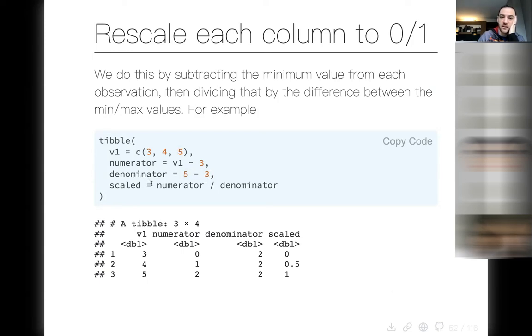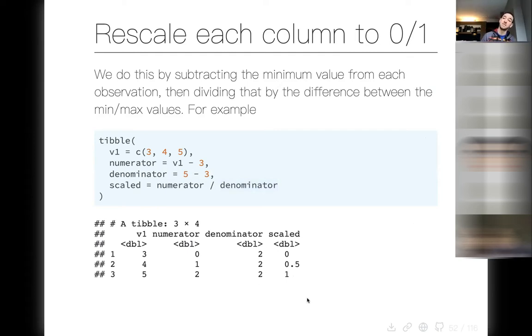And then the scaled is just the numerator divided by the denominator. So again, subtract the smallest value from each observation, then divide that by the difference between the smallest and the largest values. So here's our raw data, here's our numerator, here's our denominator, and here's our scaled data. If you walk through this, you can see why this works.